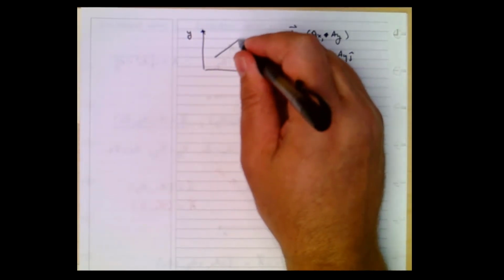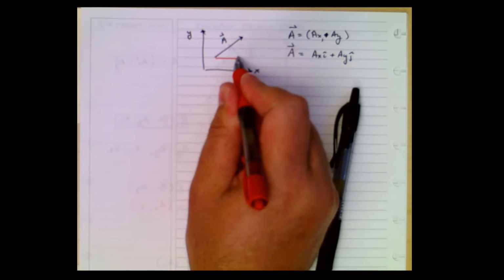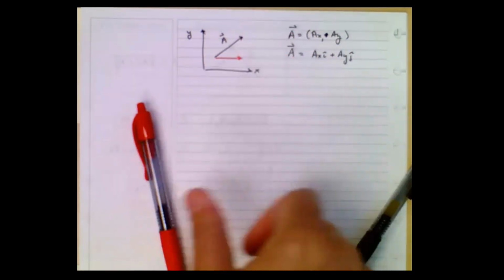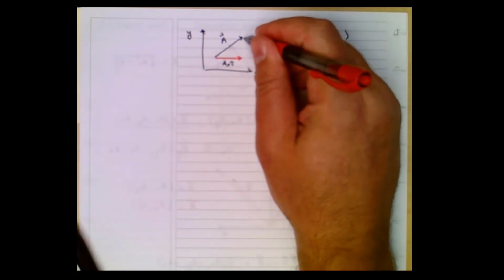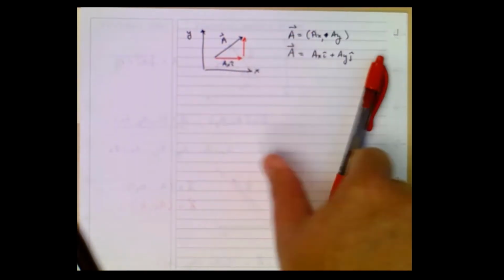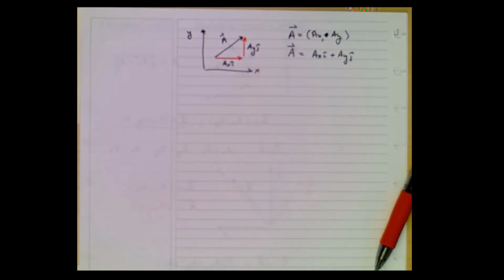And here is vector A. And now here is the part that we call ax I hat. And here is the part that we call ay j hat. So the hats, the unit vectors, just give the direction of that part, and the magnitude of that part is ax and ay respectively.